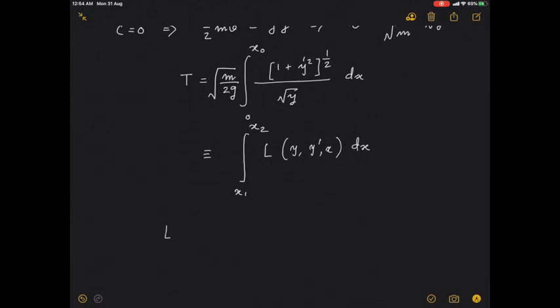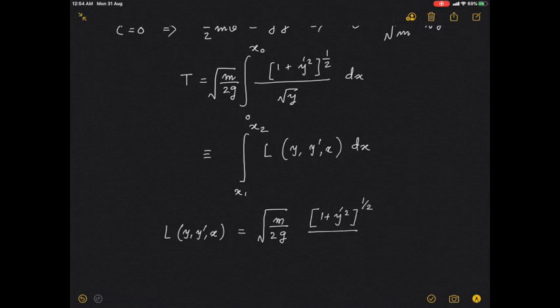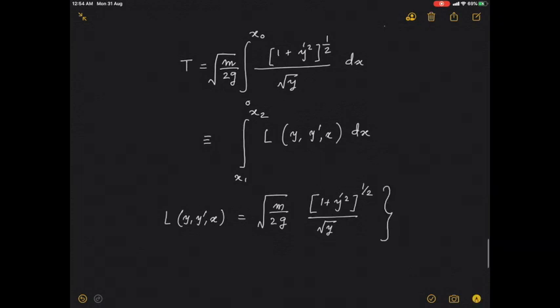And you directly read off the Lagrangian, which is a function of y prime and y, in this case nothing but root over of m by 2g, 1 plus y prime square to the power half, by root y. Right? So this is the Lagrangian, and if you have not noticed already, it is independent of x.